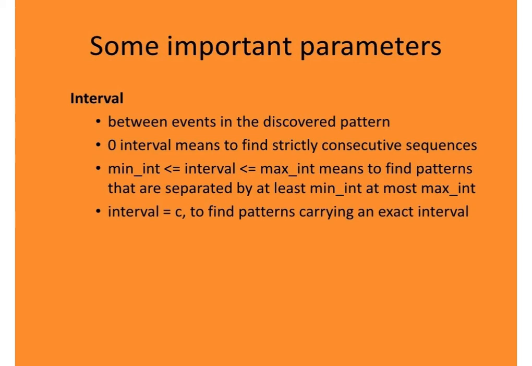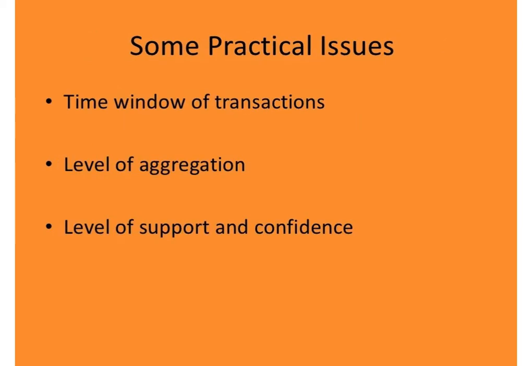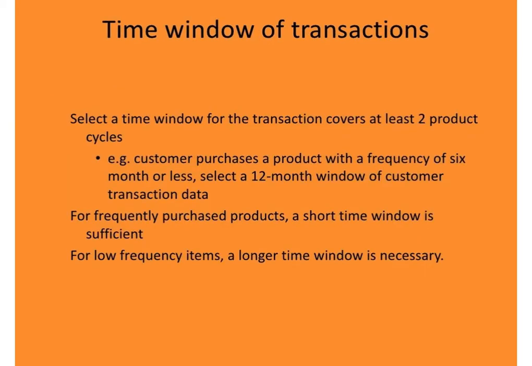Some practical issues: time window of transaction, level of aggregation, and level of support and confidence. Time is basically the interval. For the time window of a transaction, for example, in this case the transaction covers 2 product cycles. A customer purchases a product with a frequency of 6 months or less, so select a 12-month window for a customer transaction.